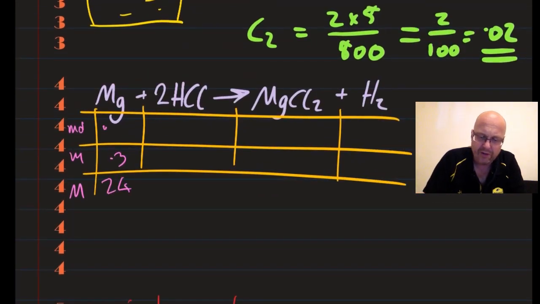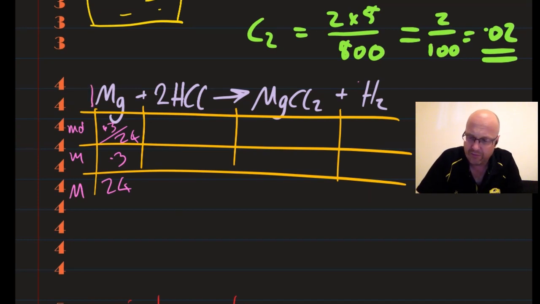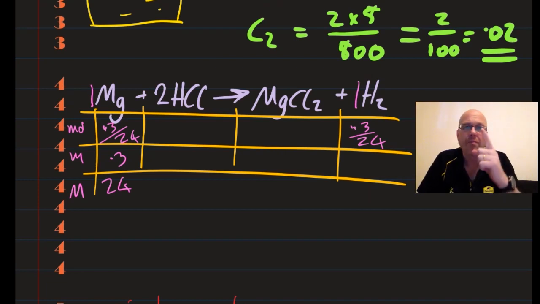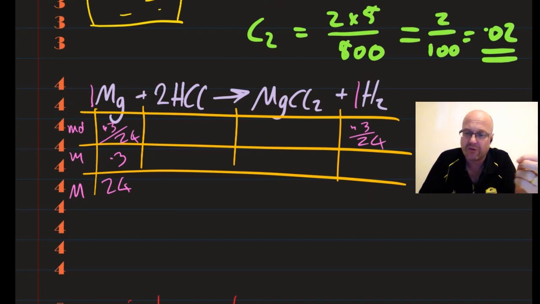So the moles is going to be 0.3 over 24 of magnesium, and we're talking about the hydrogen. So 1 is to 0.3 over 24 as 1 is to 0.3 over 24 moles. Okay, now if you want the volume at STP, 1 mole of any gas at STP is 22.7 decimeters cubed.